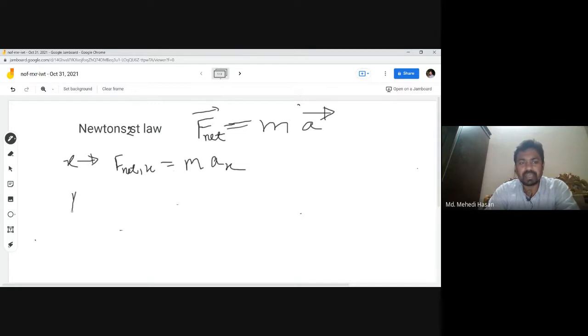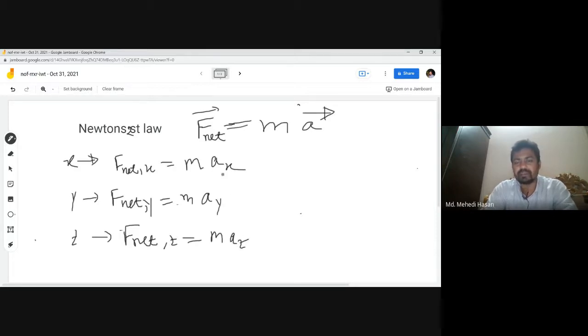If we take y, the net force along the y-axis is equal to m ay. And for z, the net force along the z-axis is equal to m az. Here ax, ay, az are the components of the acceleration along the x-axis, y-axis, and z-axis.